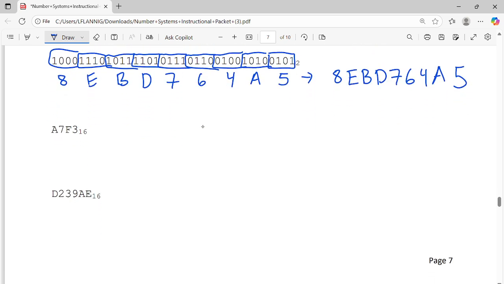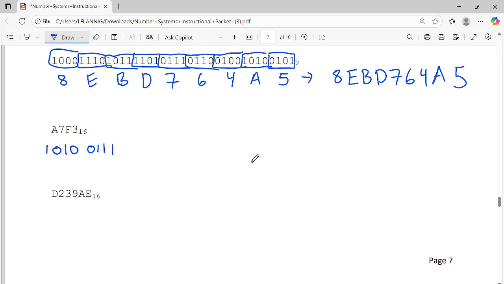All right, now if we go the opposite direction, all we have to do is take each one individually and convert each one into a binary number. So if you're going from hexadecimal to binary, it's also pretty easy. A is 1, 0, 1, 0. 7 is 0, 1, 1, 1.